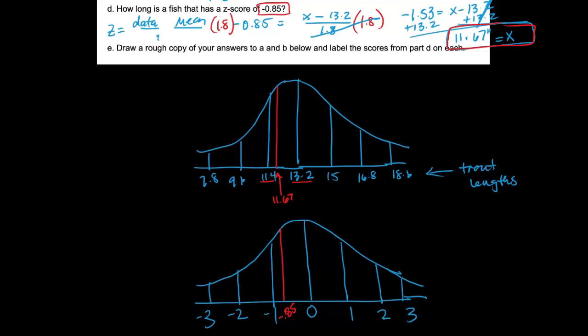So we took our graph of trout length, which is the one on the top, and if you standardize it to the one below, you can see that a trout length of 11.67 inches standardizes to a z-score of negative 0.85. And so that number just shows us how that length of 11.67 compares to other trout lengths. So is this above average? Is it below average?